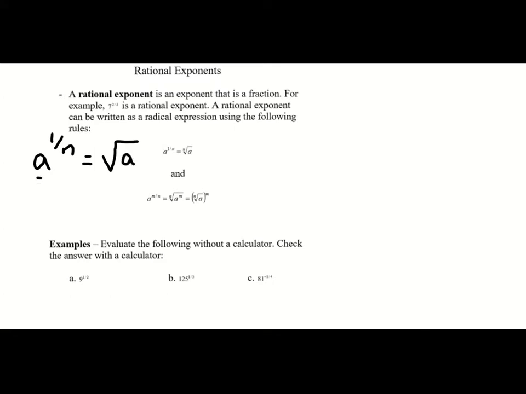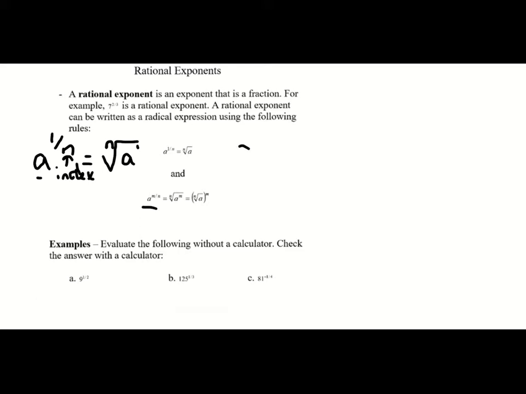The denominator is always the index of the radical. So n would go here, kind of a bad n, let me erase it. And the 1, the numerator of the fraction, is always the exponent of the base. In this case, a 1, you don't have to really put it there. We see that more down here.